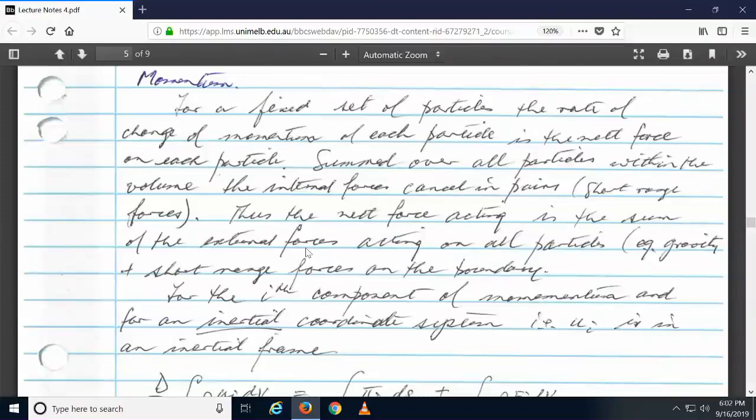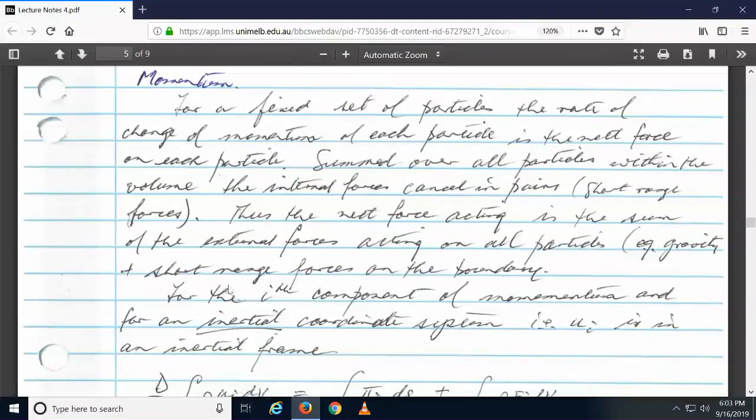And those external forces, for example, the pressure, won't be balanced in pairs. Thus, the net force acting is the sum of the external forces acting on all the particles, for example, gravity, because they are all acted upon by gravity, plus the short-range forces on the boundary.